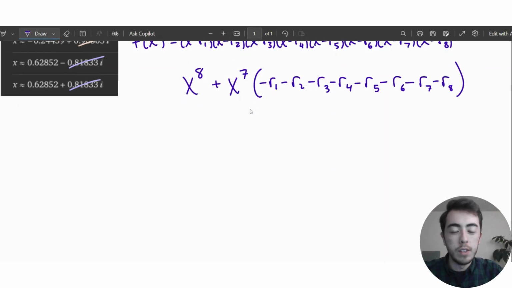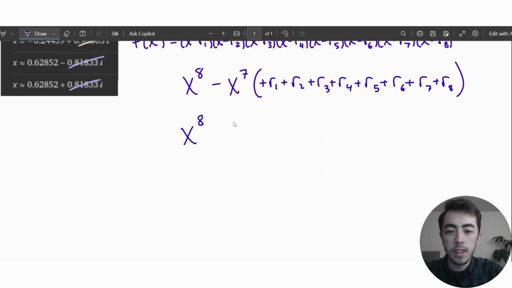And so now I have a long list of all of my roots being subtracted from each other, and that's not exactly what I wanted because I wanted the sum of all the roots. Now it's not that much of an issue because I can factor out a negative from all of these different roots, and a negative 1 would pop out. So I guess I'll just say a minus right here instead. And then I'm going to rewrite it a little bit.